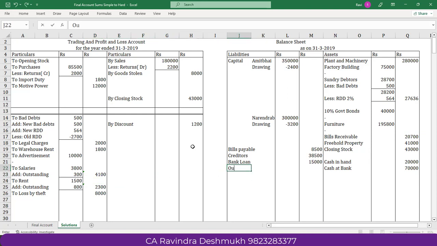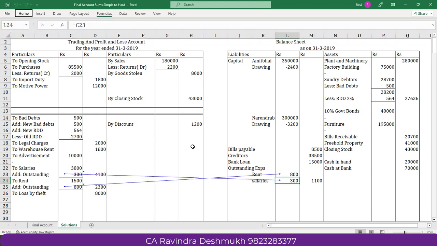The second effect will be given: outstanding expenses. The first one is rent and salaries, and these amounts are to be written here. Like this. So I hope you have got it, the two effects.